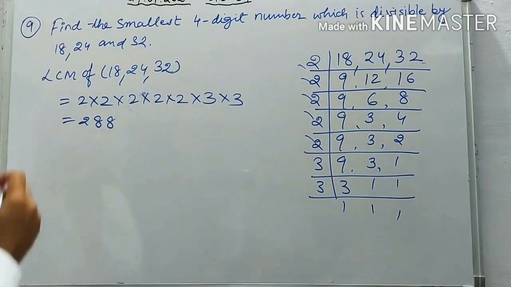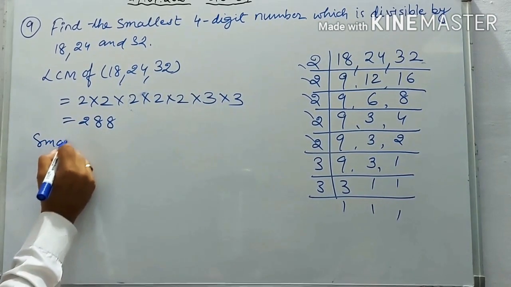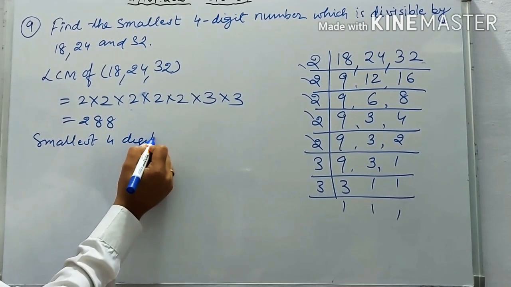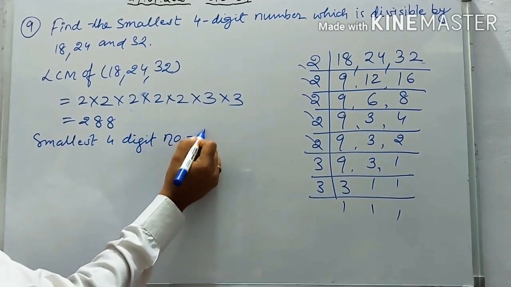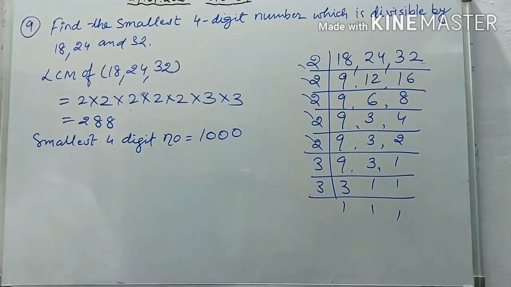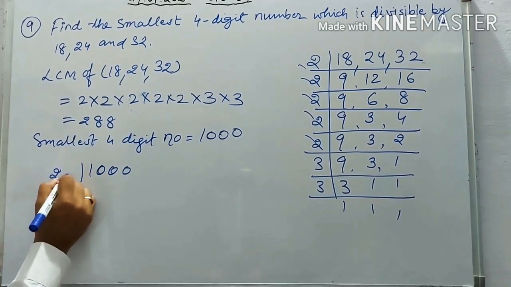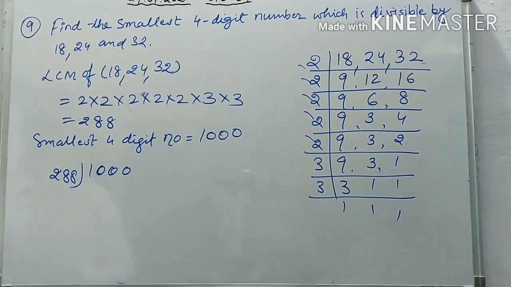Okay, and the smallest 4-digit number is 1000. So divide 1000 by 288.